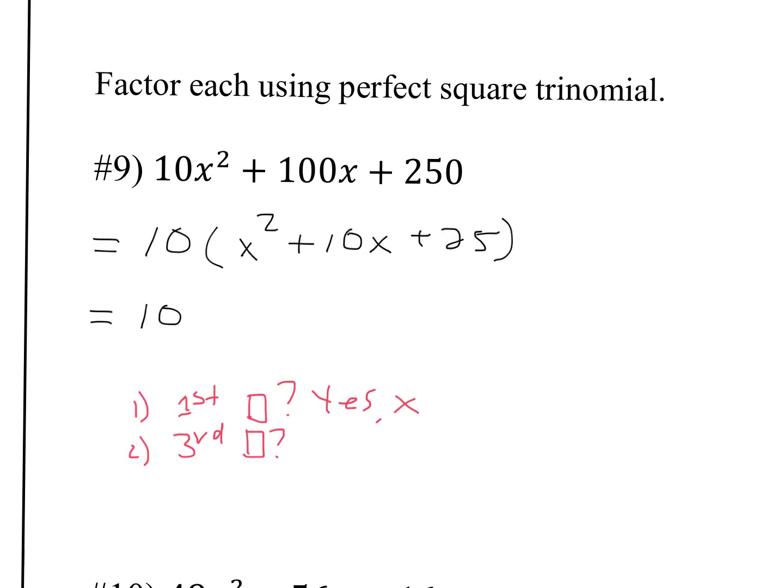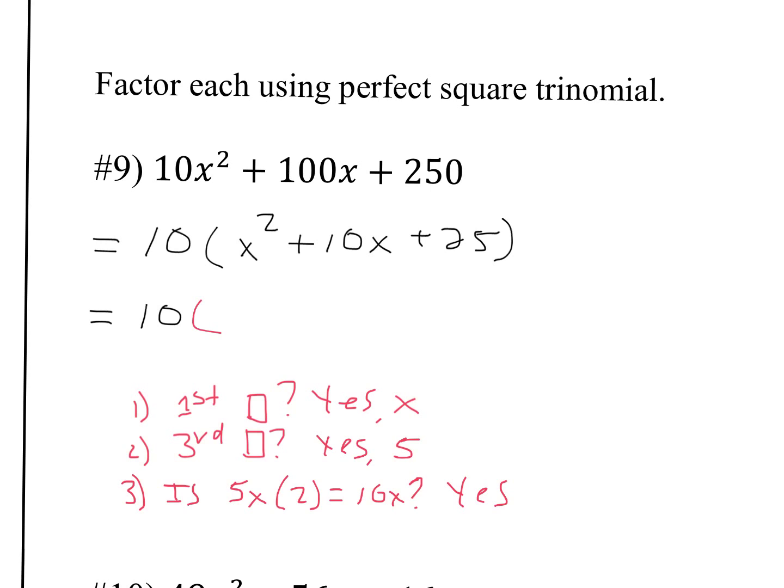Is 25 a perfect square? Yes, it is. Its square root is 5. The third question, if we take 5 times x and multiply it by 2, does that give us the middle term of 10x? Yes, it does. This is a perfect square trinomial.